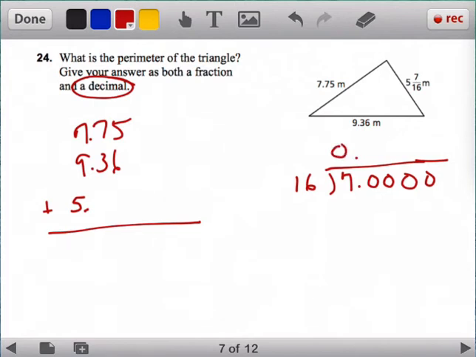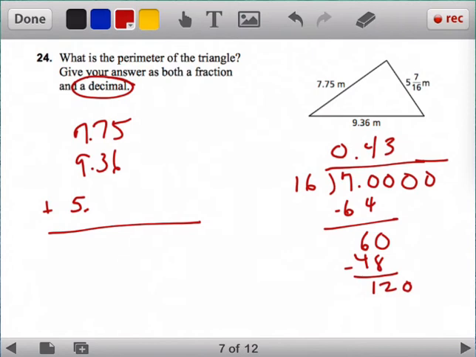16 goes into 7? No, 16 goes into 70. Let's see. Let's try 5. 5 times 16 is 80. Too big. Back it off. 4. 4 times 16. 4 times 10 is 40, plus 4 times 6 is 24. And that's 64. Subtract, get 6. Bring down a 0. Well, 16 goes into 60 3 times to get 48. Subtract, get 12. Bring down a 0.